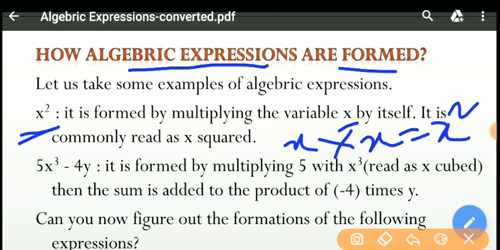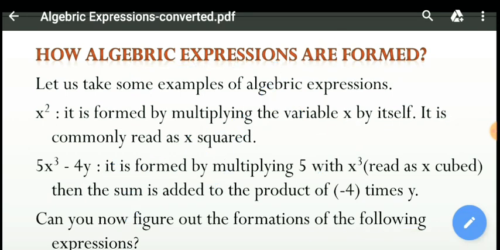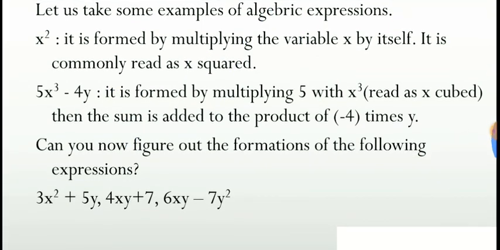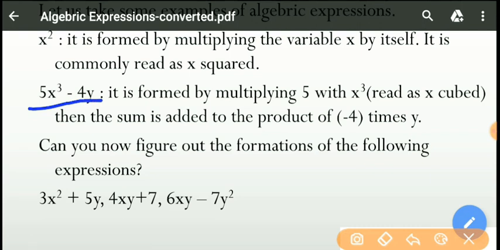Are you understanding or not? When we use 5 into 5, we write 5 squared. Am I right? So this way x and x are multiplied to get x squared. Similarly, 5x cubed minus 4y.